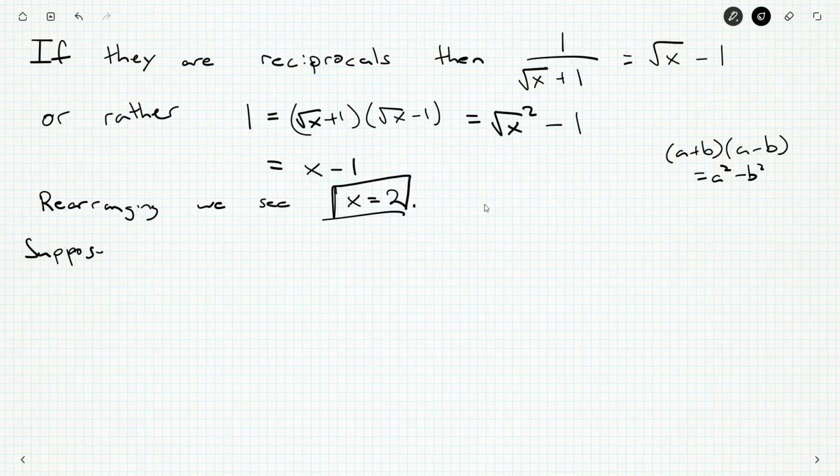So I might start by saying, if you want to tell them where you're going, you want to sort of telegraph what you're doing, you might say, suppose, toward a contradiction. Just gives them a little heads up as, oh, we're doing proof by contradiction to show that this doesn't work.